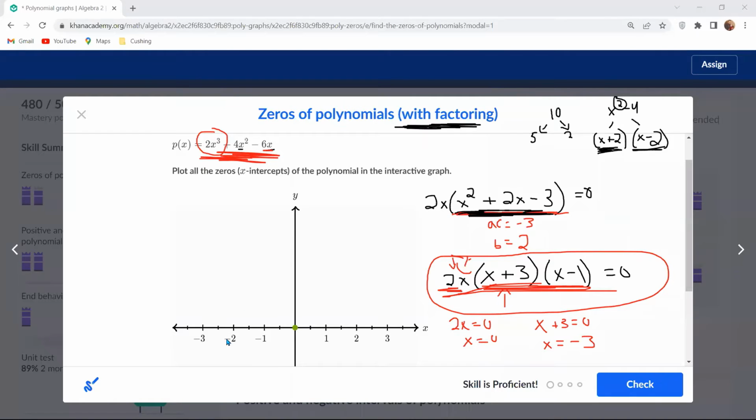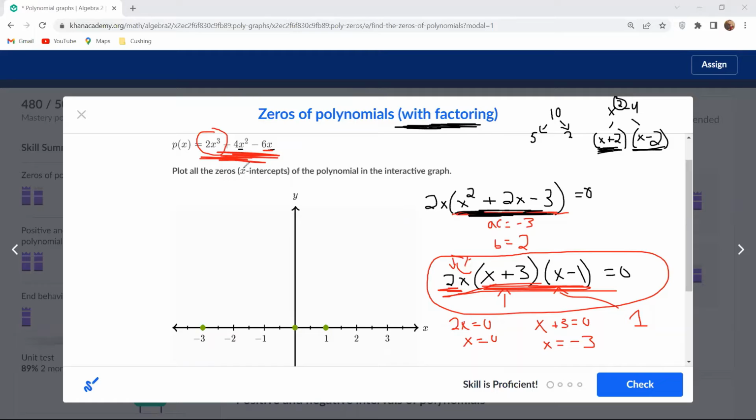I'll put it there on the graph. And the last one is going to be positive 1, because if you plug in positive 1 here, this little chunk will equal 0. So our answers should be 0, negative 3, and positive 1.